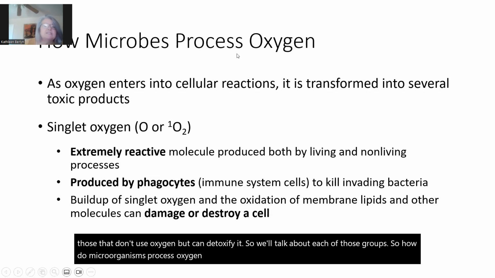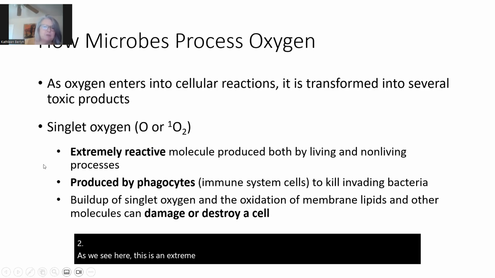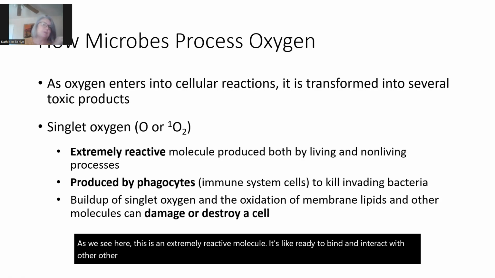When it enters into cellular reactions, it gets transformed into multiple toxic products. And one of those is singlet oxygen, which is depicted as 1O2, as we see here. This is an extremely reactive molecule. It's ready to bind and interact with other molecules that are in the cells.